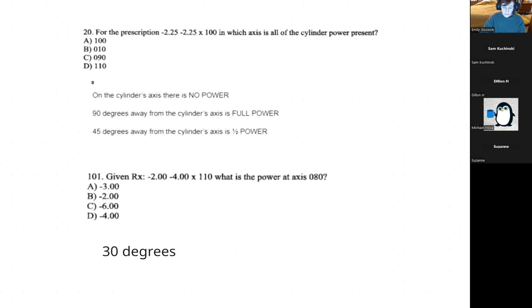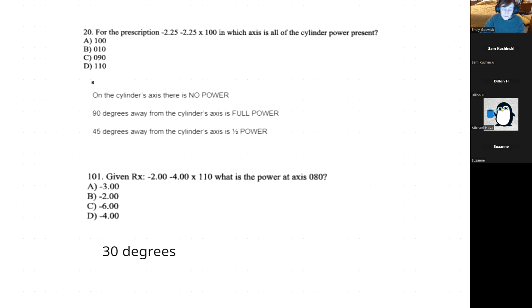So basically, let me just grab my calculator here so I'm not making a mistake, but 110 minus the 45 would be at 65 degrees, would be basically at half power. Okay, so we're kind of between that marker, right?